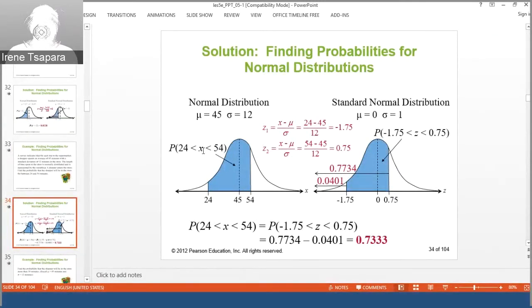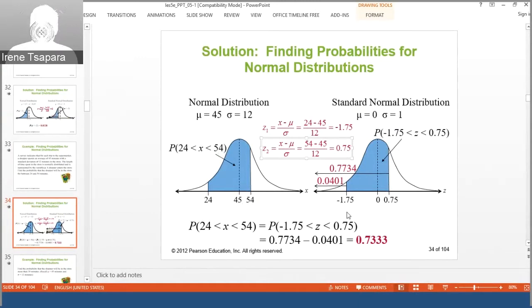So we want the probability for this person to stay in the store between 24 and 54 minutes. Okay. In order to do that, if the mean amount of minutes that one stays in the store is 45 and the standard deviation is 12, then I can translate using the formulas to -1.75 for the 24 and to 0.75 for the 54.